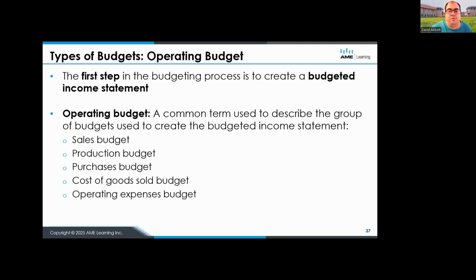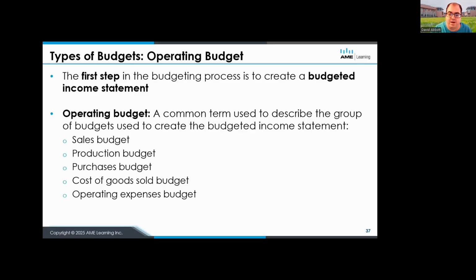So first of all, we're going to take a look at our operating budget. Again, the first step in our budgeting process is that we want to create our budgeted income statement. And the first piece of that is creating our operating budget, which is a common term used to describe a group of budgets that are used to create the budgeted income statement.